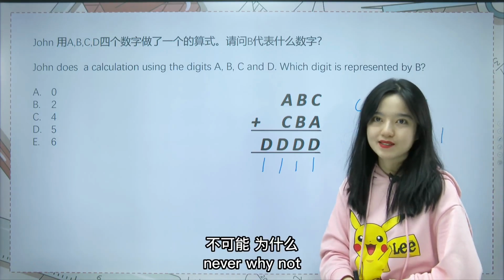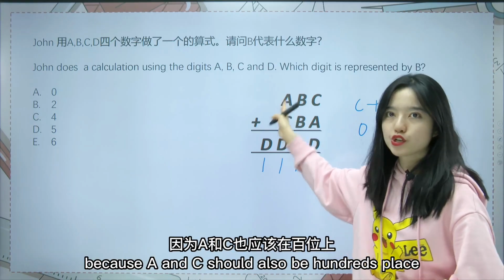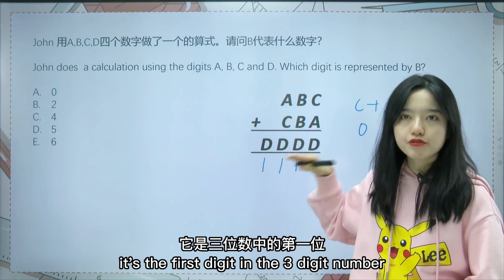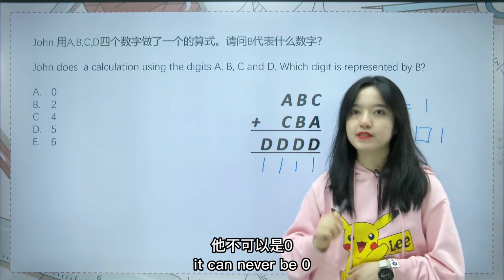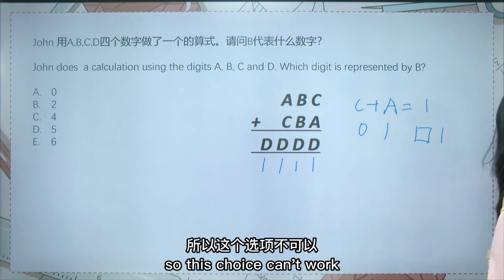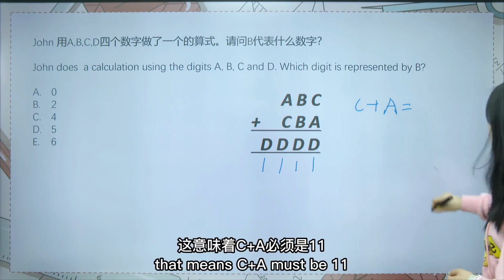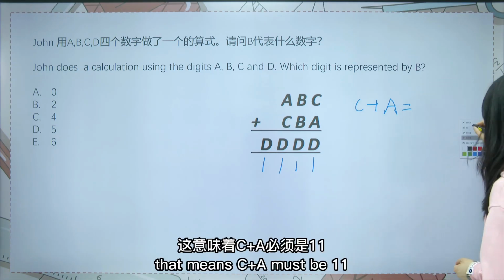Never. Why not? Because A and C are in the hundreds place, the first digit in the three-digit number. It can never be 0. So this choice can't work. Let's erase it. That means C plus A must be 11.